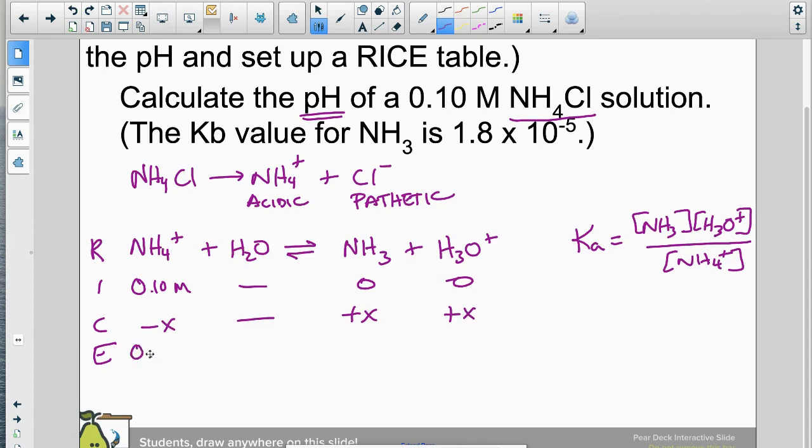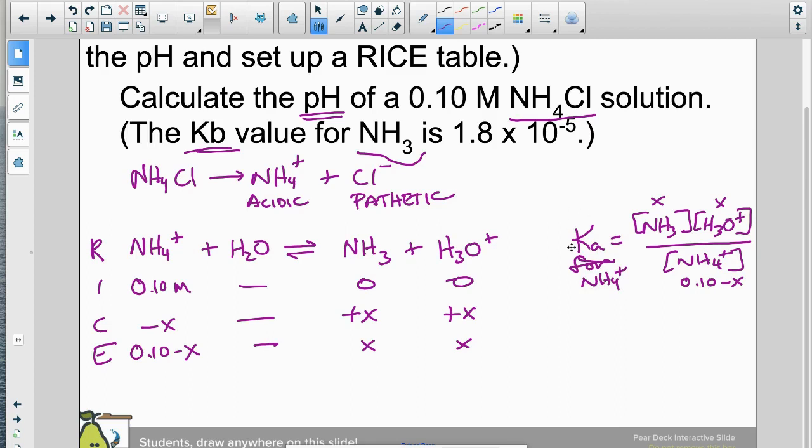And we end up with 0.1 minus x, then x and x here. All right, so then when I put my values in here, I've got x and 0.1 minus x. But what about this Ka? I've got the Kb value for ammonia, okay? What we need is the Ka for the conjugate acid of ammonia.